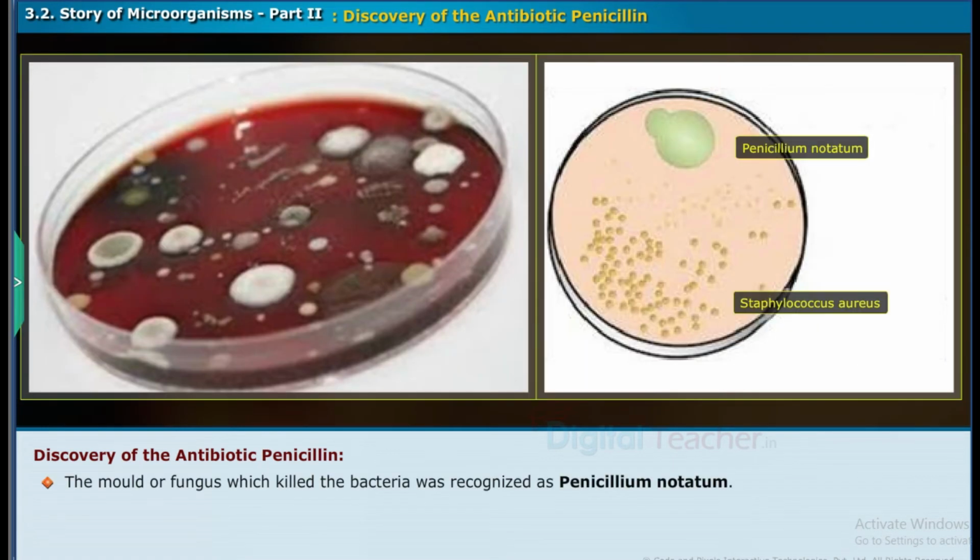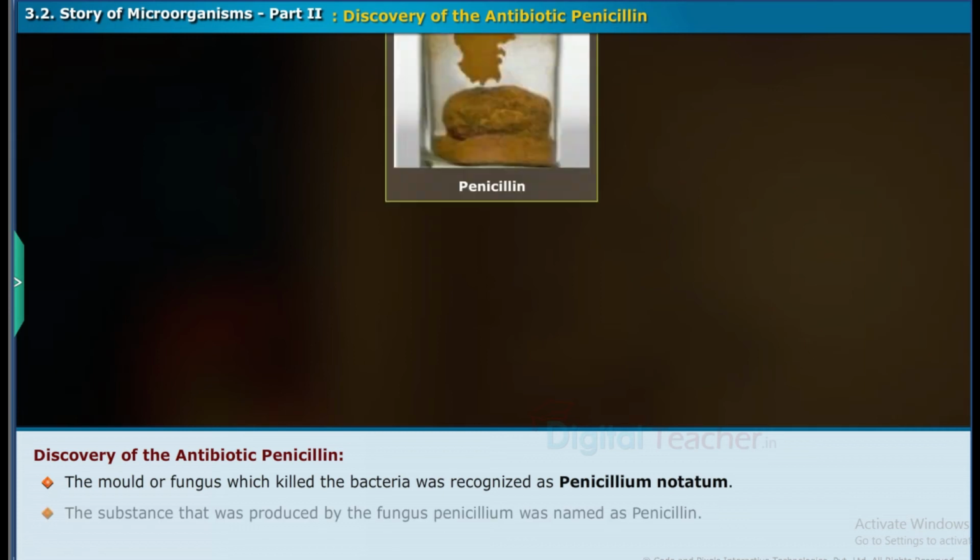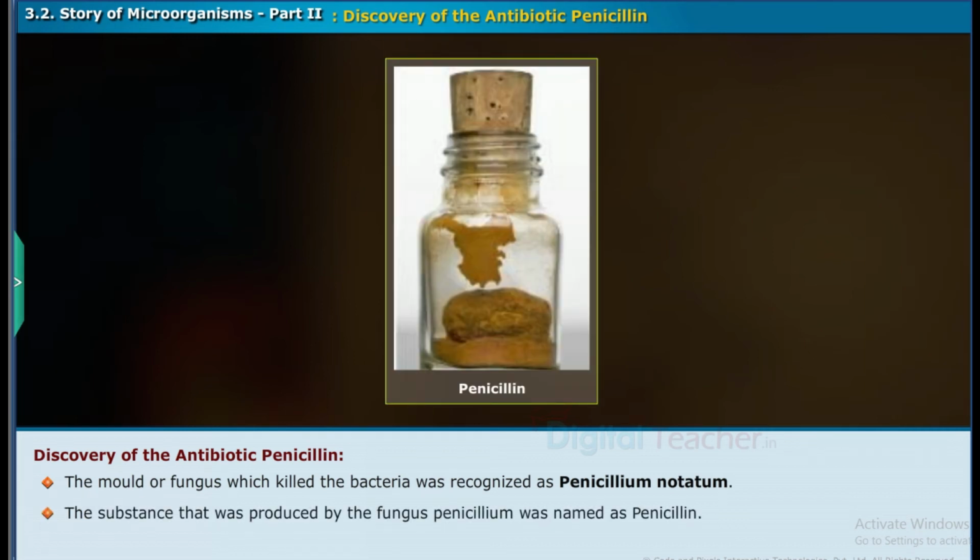The mold or fungus which killed the bacteria was recognized as Penicillium notatum. The substance that was produced by the fungus Penicillium was named as penicillin. Dr. Alexander Fleming named the substances that killed the bacteria as antibiotics.